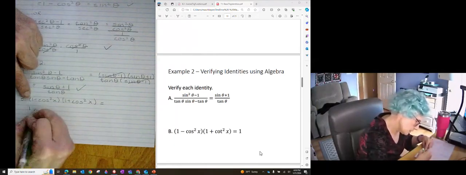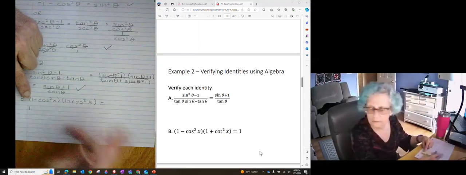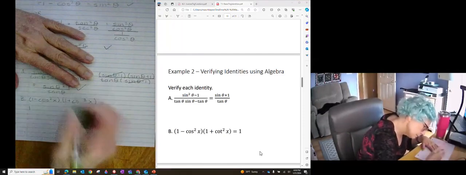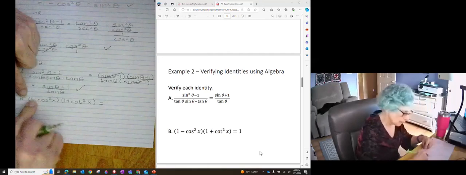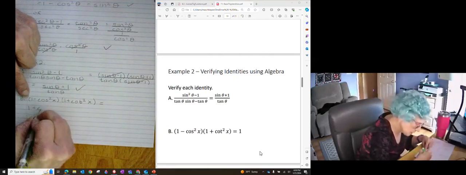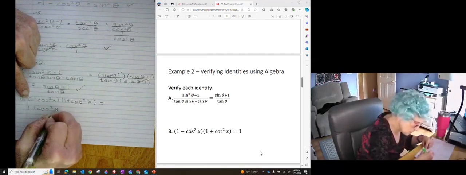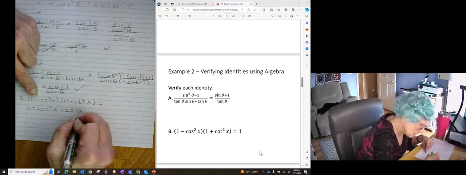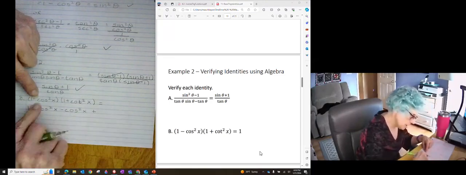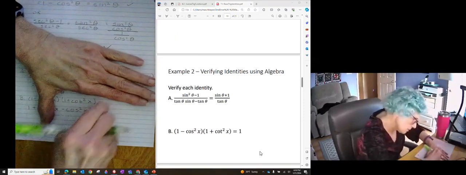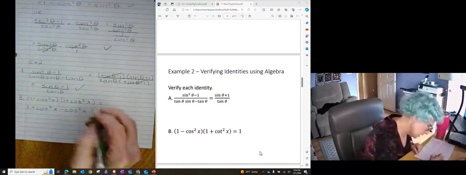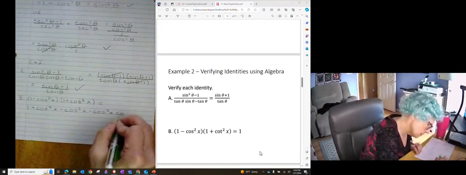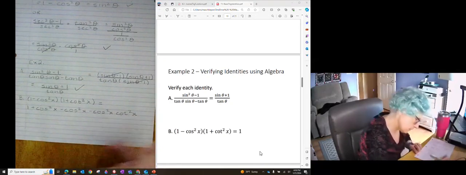Outers gives me, that should be a cotangent. I knew they weren't both cosine. 1 times cotangent gives me plus cotangent squared of x minus cosine squared of x plus, oh no, minus, because a negative times a positive is a negative, cosine squared of x times cotangent squared of x.